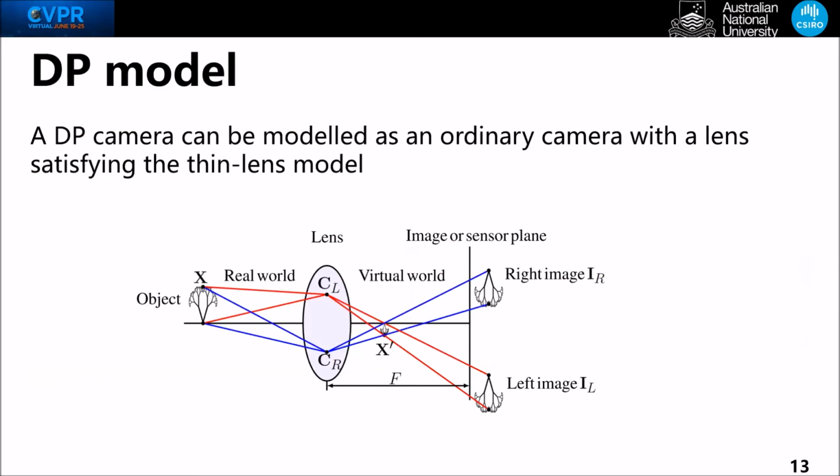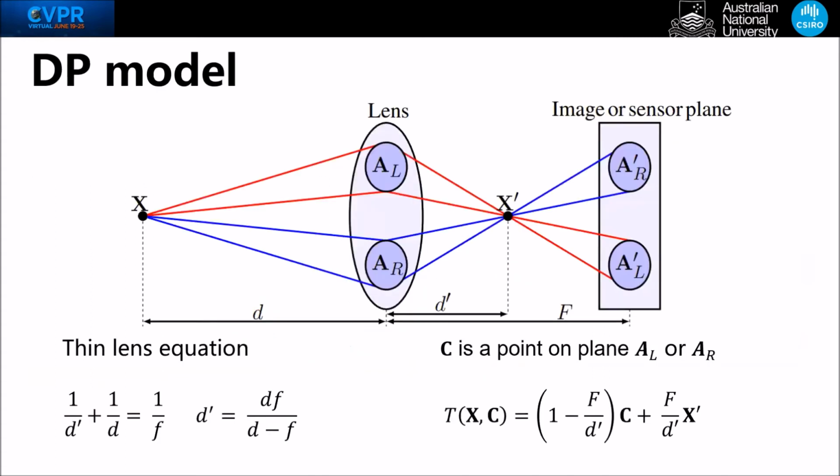The DP sensor is modeled as an ordinary camera with a lens satisfying the same lens model. Consider a world point X. Rays from the point X pass through the aperture AL and are focused at X prime. They meet the focal plane at the depth F, covering a region AL prime, geometrically similar to AL.